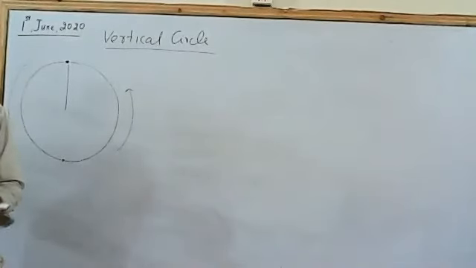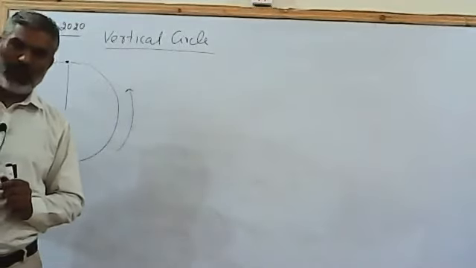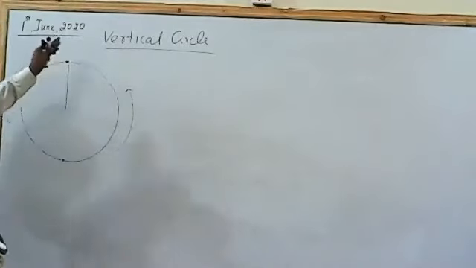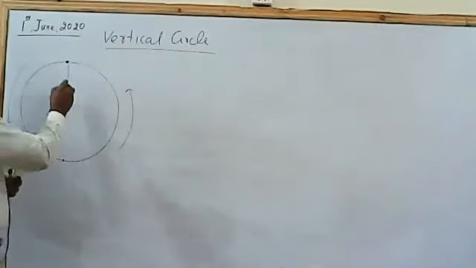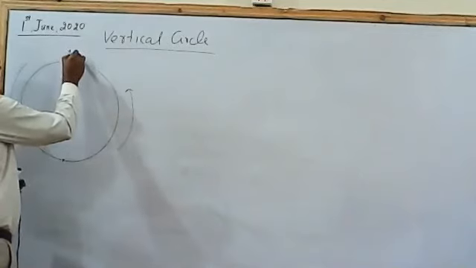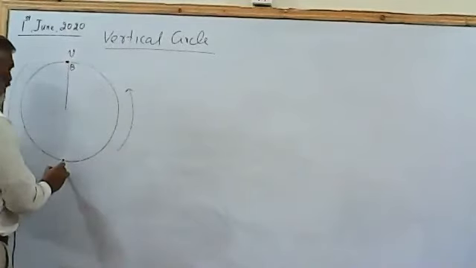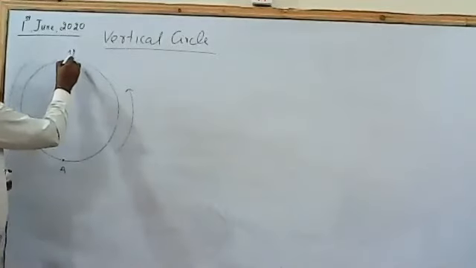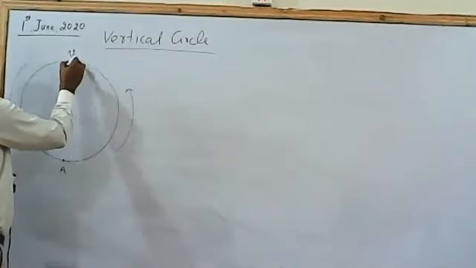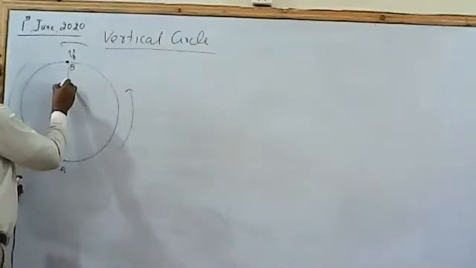Its speed is now a variable. When it moves in the upward direction to the top, naturally it will slow down. So if this is point B and this is point A, at point B the speed is VB.